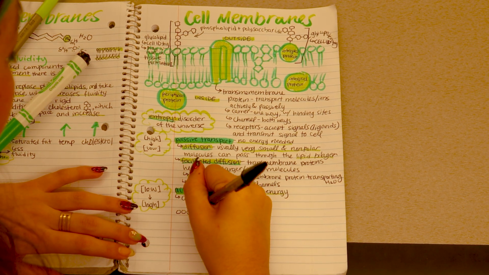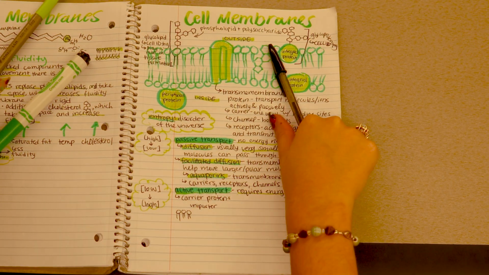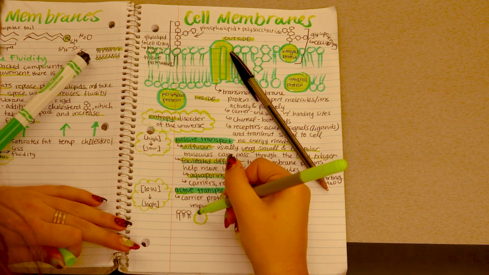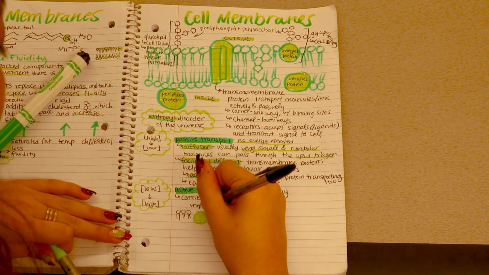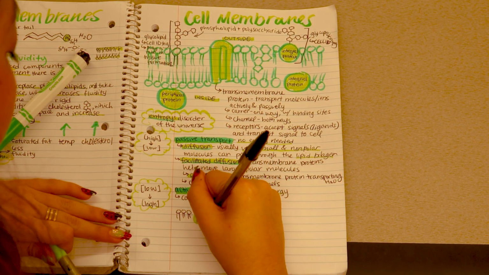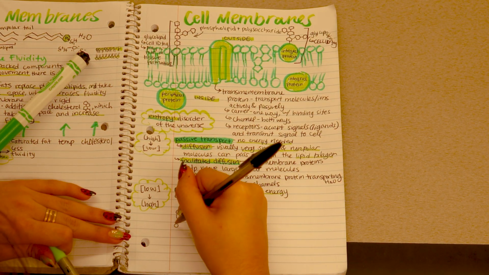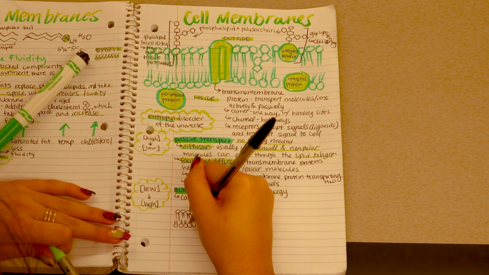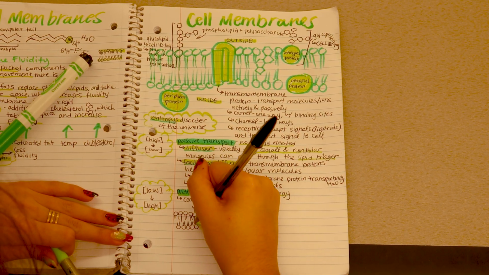So we'll draw our little membrane again, and we'll have just a guy. Say we have this guy, and it's going through our carrier protein. It's going to be traveling through the cell membrane, into the cell. Say this is outside the cell, and we're going into the cell.